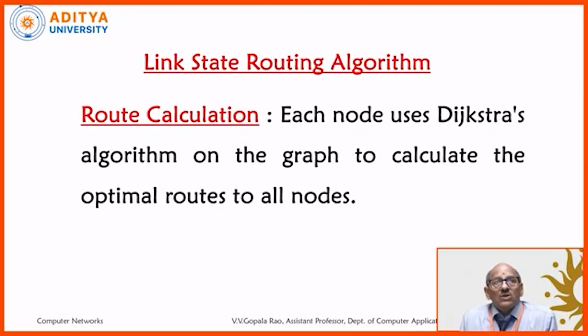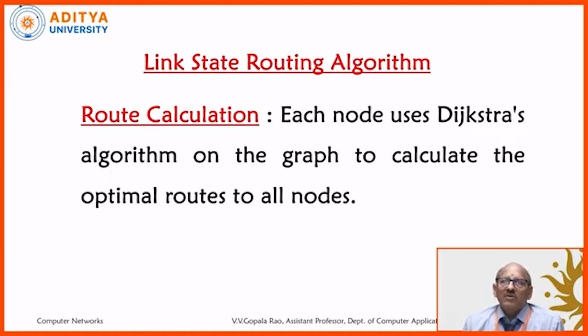And the next thing is called route calculation. Once you know the actual costs and the information gained from the neighboring routers, the next step is that every router is going to calculate the shortest route, or the optimal route, to all the nodes.